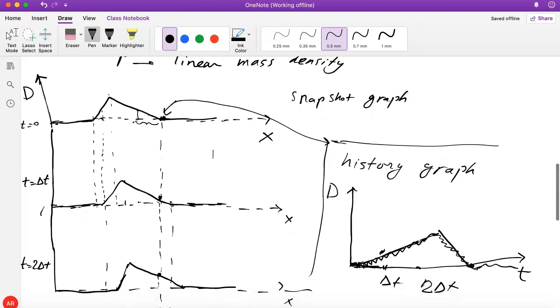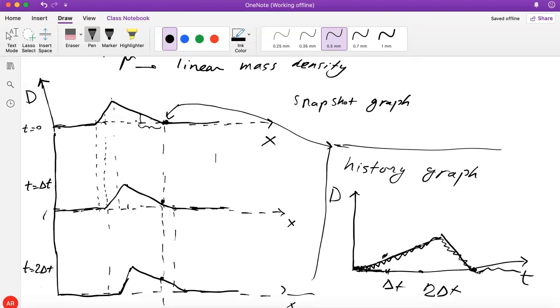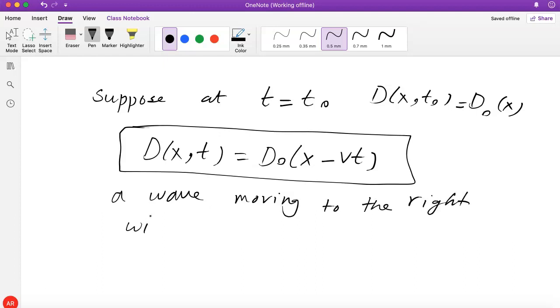All right, so you may want to get a piece of paper and for yourself play a little bit with these figures, just kind of the same exercise that I did in the notes. Just try to do it to gain more intuition about this connection. So this is a wave moving to the right with constant speed v.